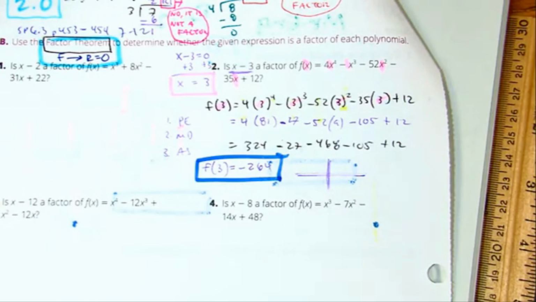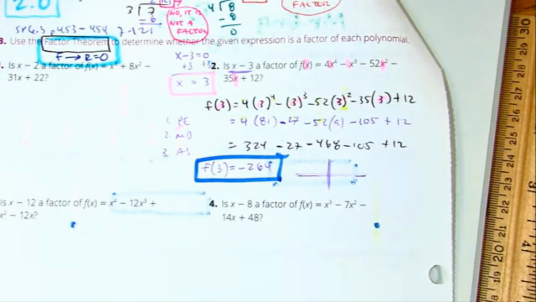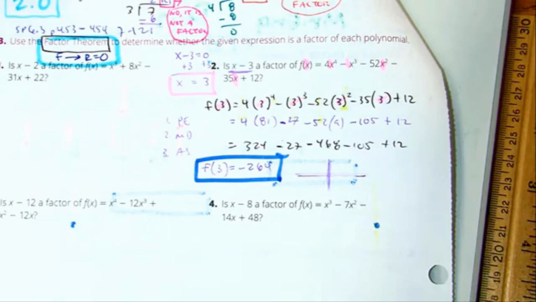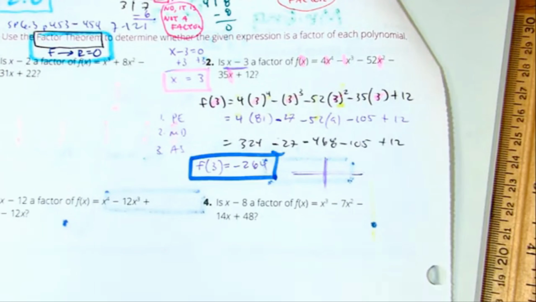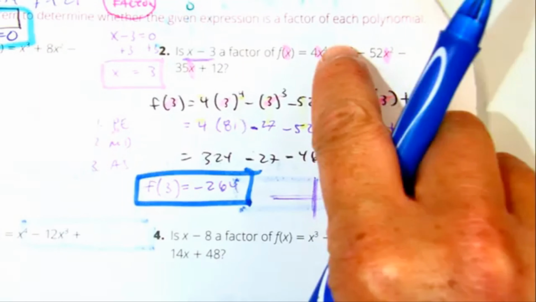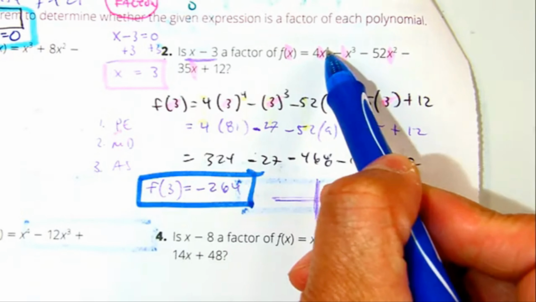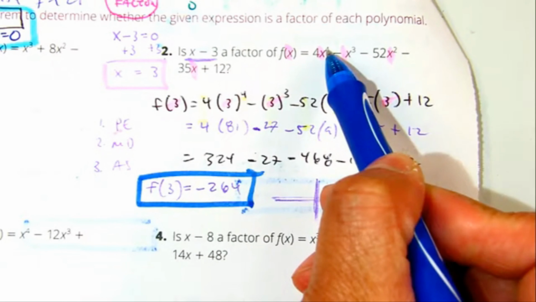Put your finger on the degree. Show your partner. Tell them what that means. Darian, what's the degree? 4 is correct. Is this even or odd? What does that tell us?